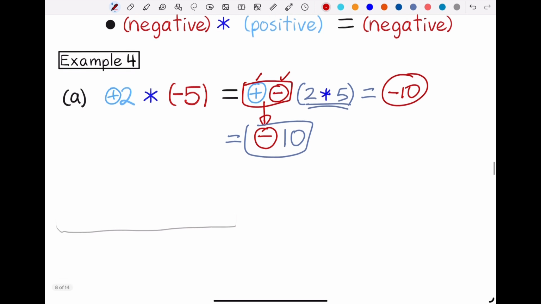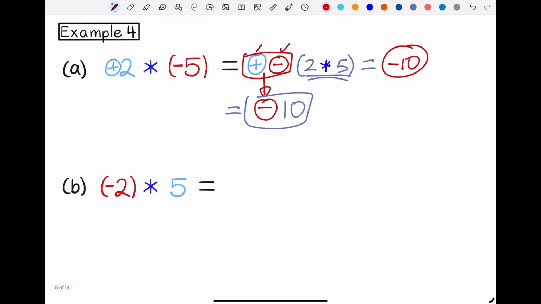Now the second example we'll go over is negative 2 times 5. So we have a negative times a positive. So we'll put a negative sign here for negative 2. And then we'll put a positive sign out here for positive 5. And then we'll just multiply the 2 and the 5 out here.